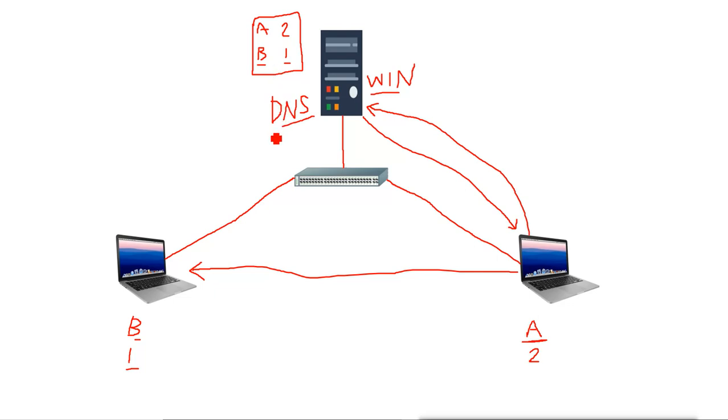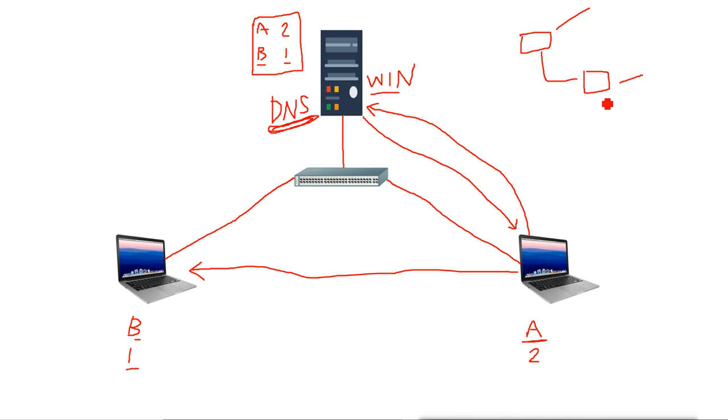It has its own name structure, which is a hierarchical name structure. That means you have the domain name first, and then you have the machine name. So DNS has fully qualified domain names. It does not have NetBIOS names. Fully qualified domain names are a combination of the domain name and the machine name.